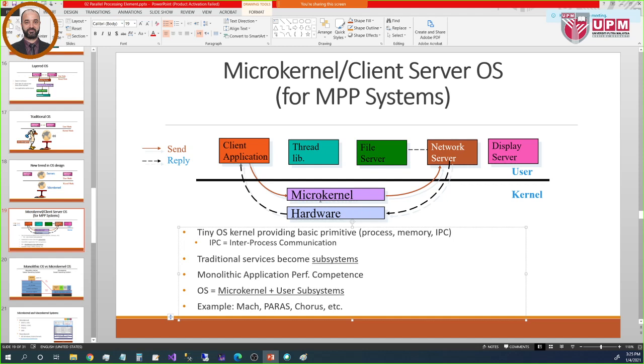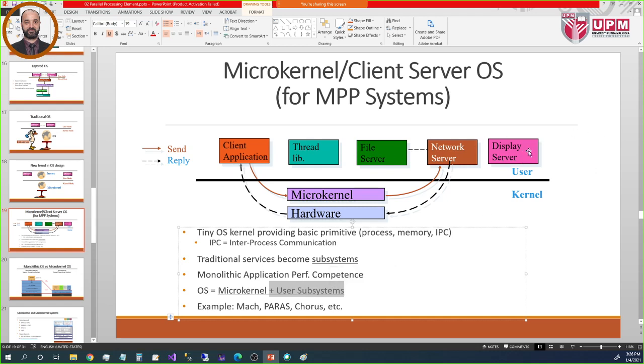They have to be configured along with the microkernel to provide certain services to users. So in general, the operating system of the MBB is a combination of the microkernel and the traditional operating systems of the subsystems.